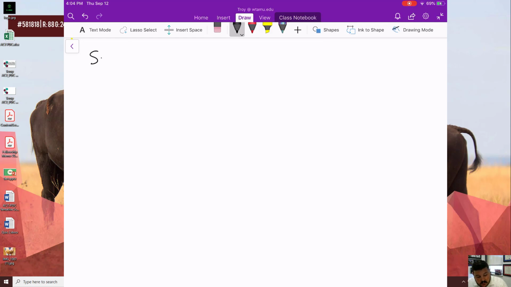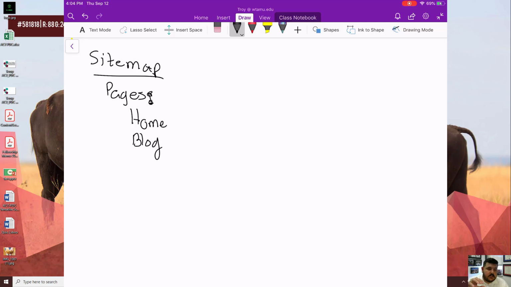So a sitemap is essentially understanding what pages you need and organizing those pages. So I always like to start with what pages I think I'm going to need. So I know that I'm going to need a home page for sure. I also know that I'm going to need a blog page.